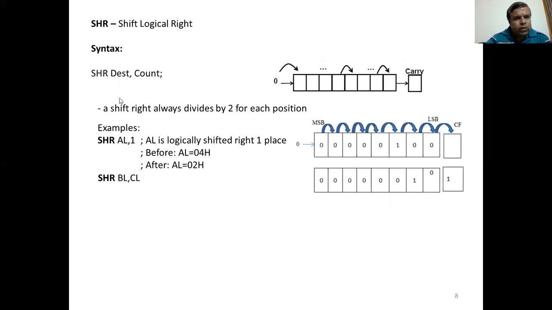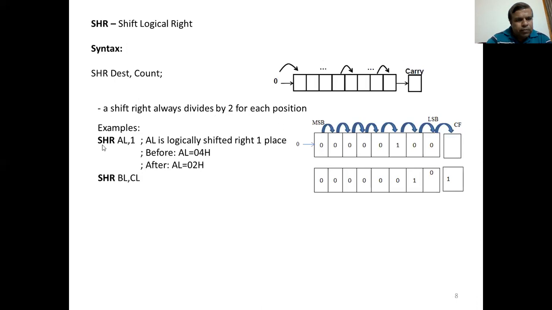And what is the use of this SHR instruction? This instruction produces an effect of dividing the number by 2. That is what the point is saying. A shift right always divides by 2 for each position. You will understand this in the coming example.